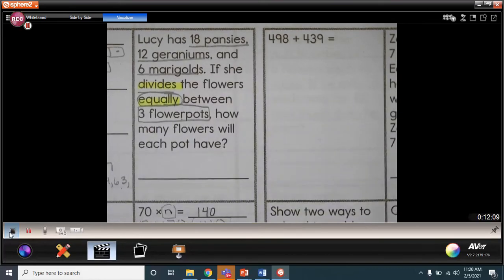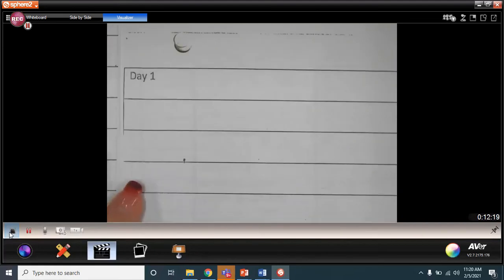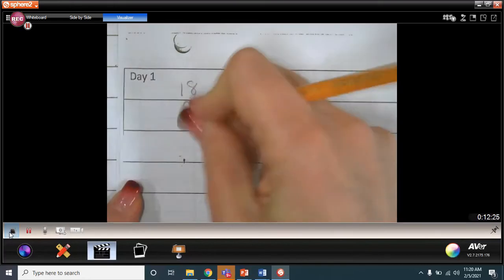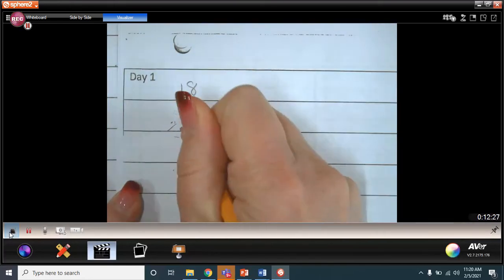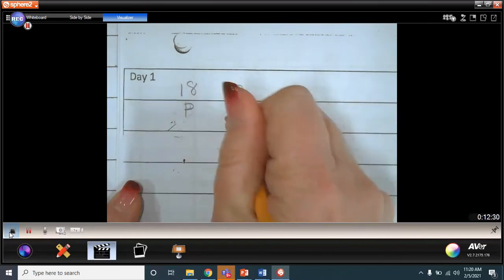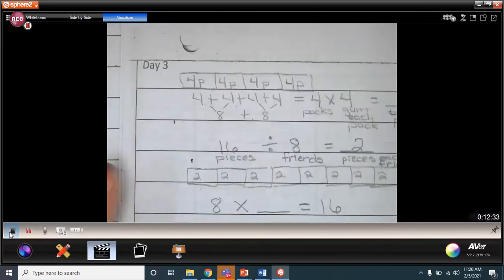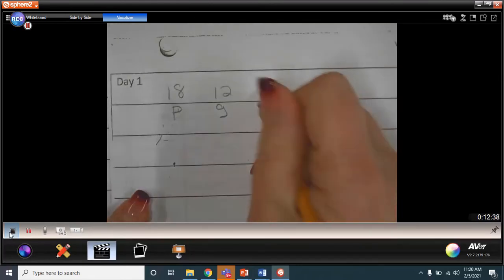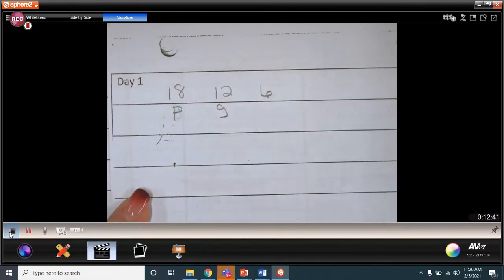I'm going to turn my page over and we're going to write as part of our response. So if you didn't notice, each one of those numbers, the 18 pansies, the 12 geraniums, and the 6 marigolds are all multiples of 3.